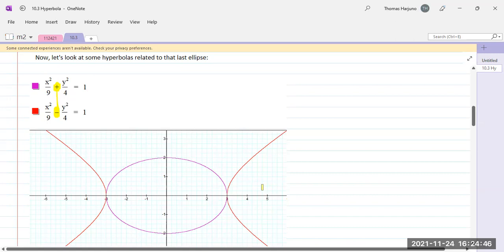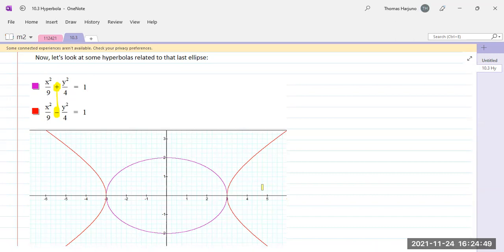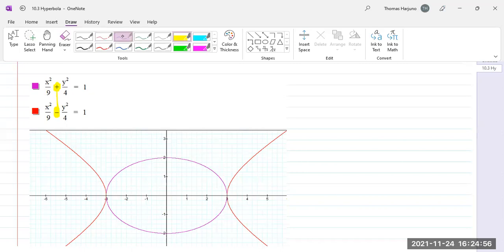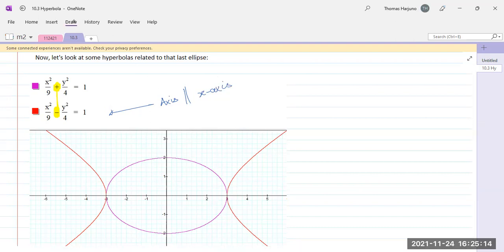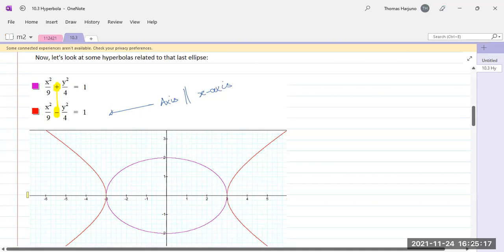This hyperbola is a left and right branch hyperbola. We will say that this hyperbola has its axis parallel to the x-axis. It opens left and right.